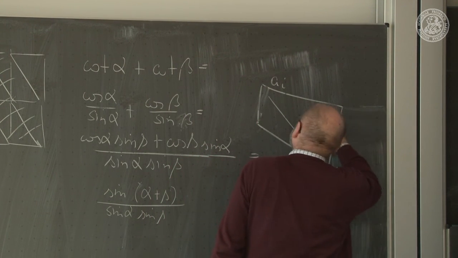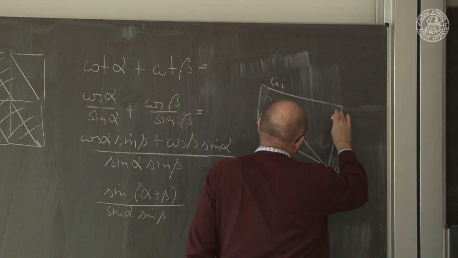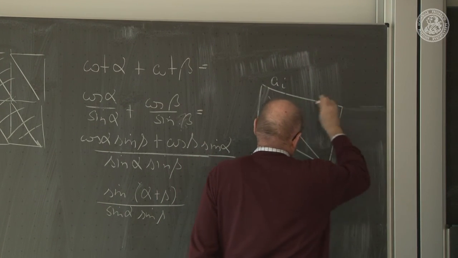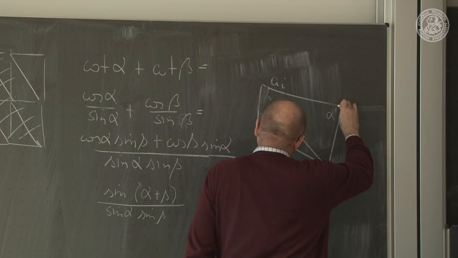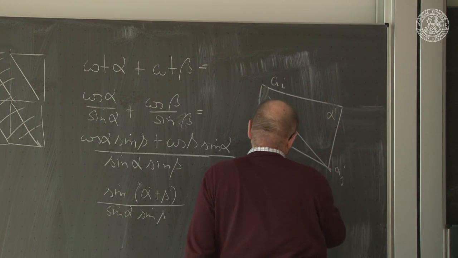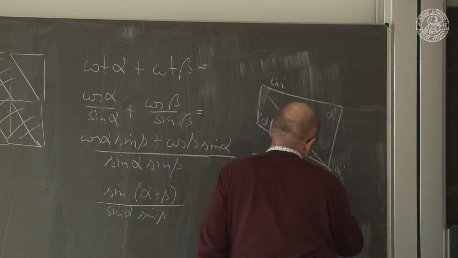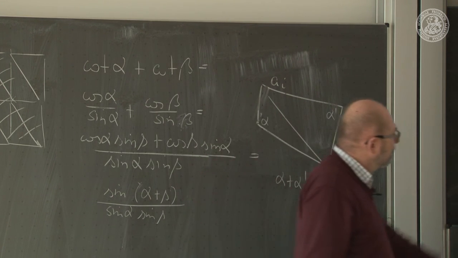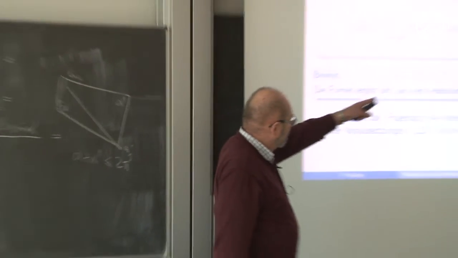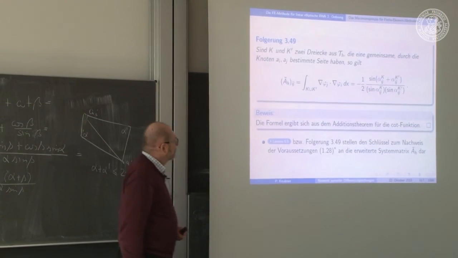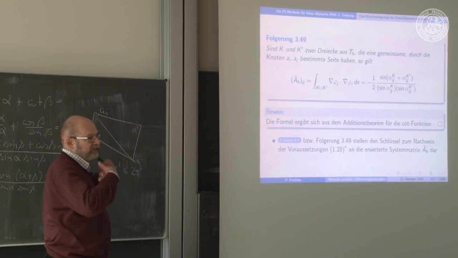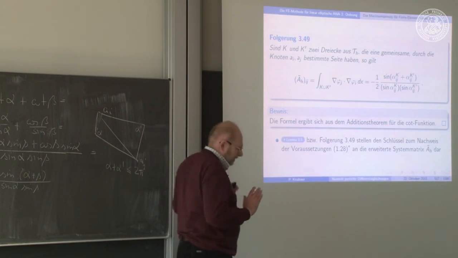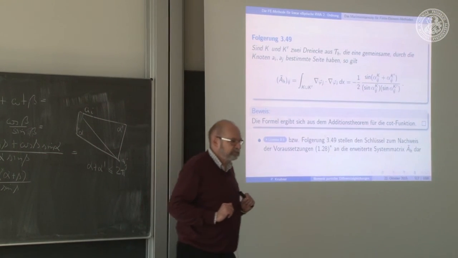Here I hopefully have a much more acute angle, so what I have to have is that the sum of those is below pi, so that the sine does not become negative. This is then the geometric condition we get if this lemma is correct, and this we will hopefully prove next time.